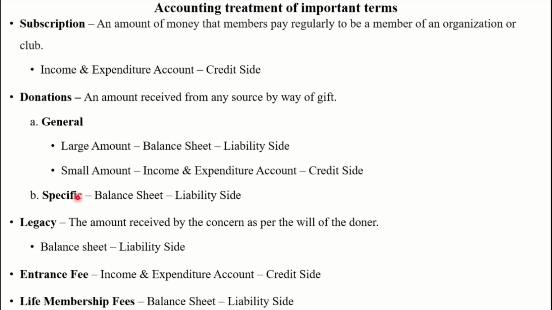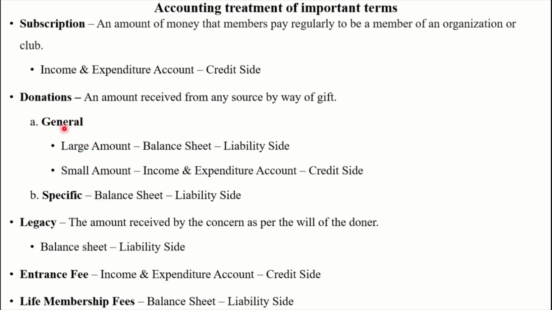Another part of donation is a specific type of donation, for example, donation for construction of building. If such a donation occurs, we record it on the liability side of the balance sheet. Remember, donation is an amount received from any source by way of gift. There are two types: general and specific.